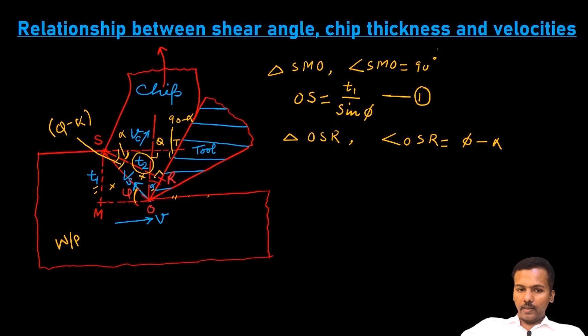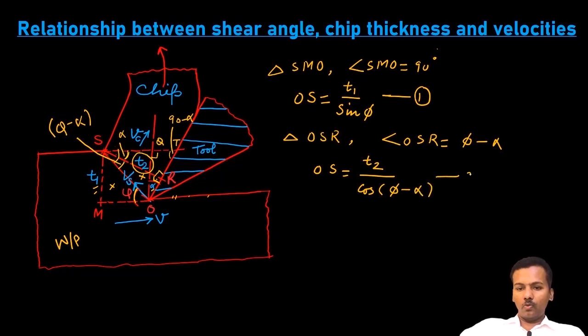This angle is 90 degrees, this angle is 90 degrees. So cos of phi minus alpha equals T2 upon OS, then OS equals T2 upon cos of phi minus alpha.